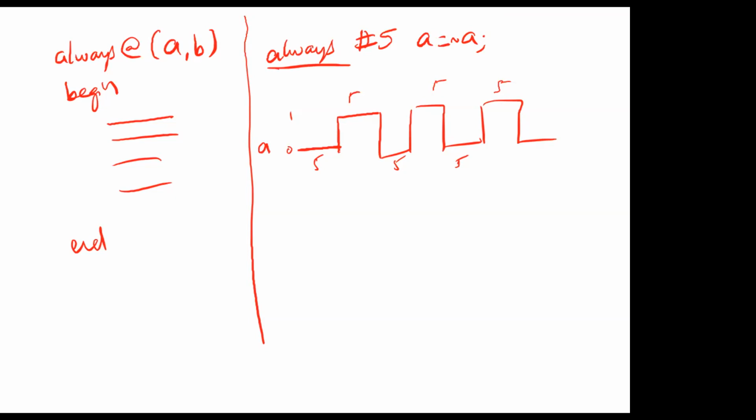Similarly, these always blocks happen whenever there are changes in A and B, but you can always have something like always @(*), which will make your circuit perform for any data signal change or any signal that is present in your circuit. Whenever it changes, your whole block will start performing. Is it clear? Do you guys understand it? Yeah.